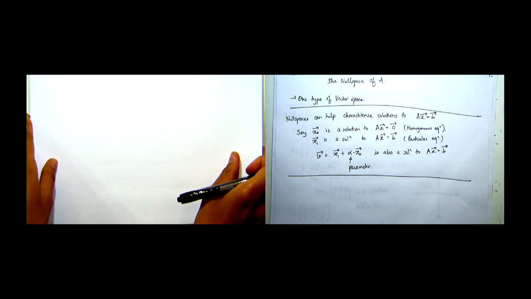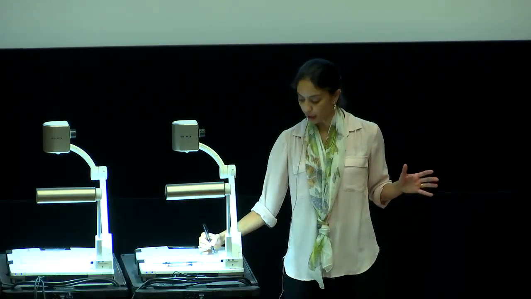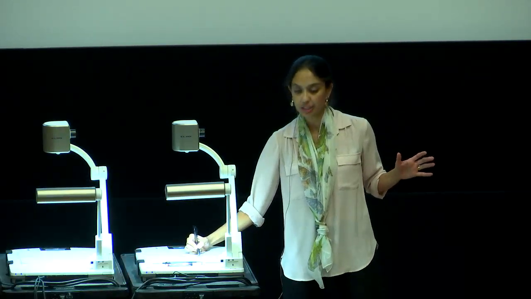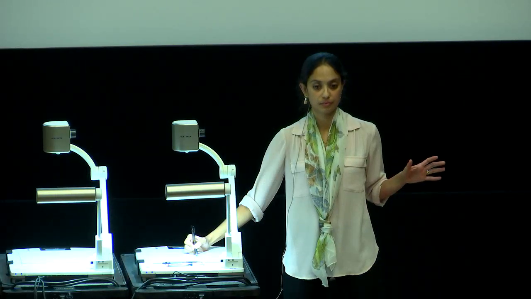Yeah, a question? Where did you get the equation for your v vector again? Oh, again, I said let me think of this v vector, which is x1 plus some scalar times x naught. I'm saying let us consider this vector.